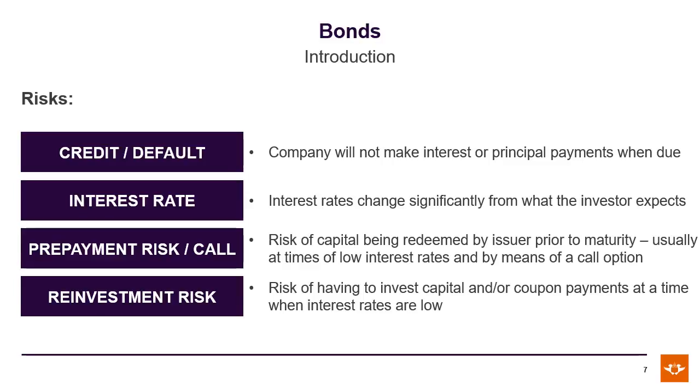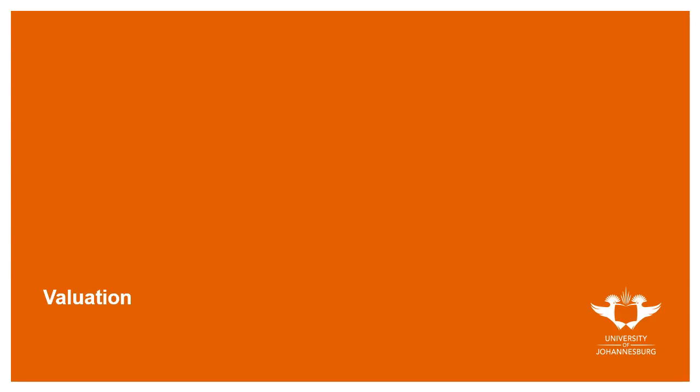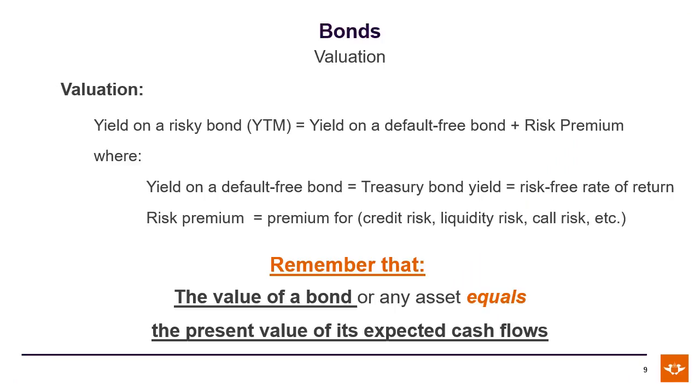We're going to start looking now in some detail at how bonds are valued. And one of the main inputs into the valuation process for a bond is the yield or interest rate. Now, we need a yield to maturity to value a bond, and our yield to maturity is based on the yield on a default-free bond plus an additional risk premium.